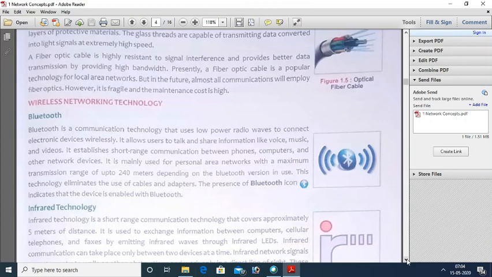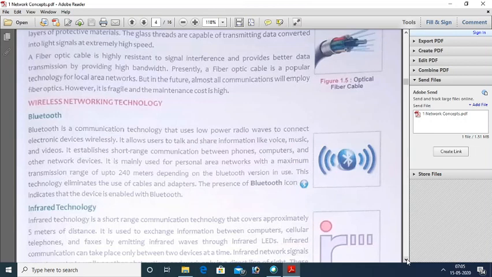It is mainly used for personal area networks with a maximum transmission range of up to 240 meters, depending on the Bluetooth version in use. This technology eliminates the use of cables and adapters. The presence of a Bluetooth icon indicates that the device is enabled with Bluetooth.